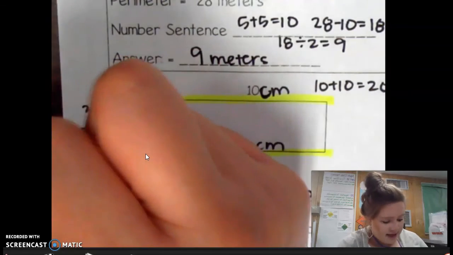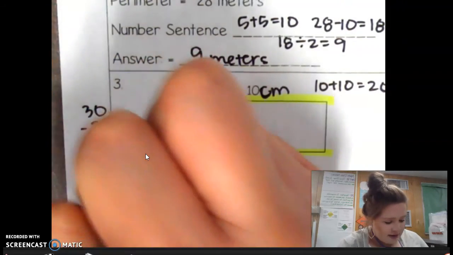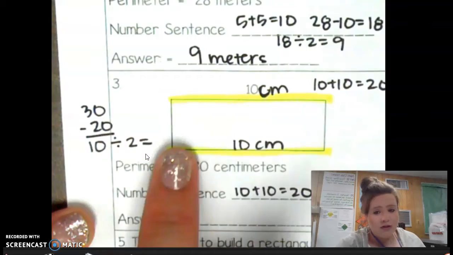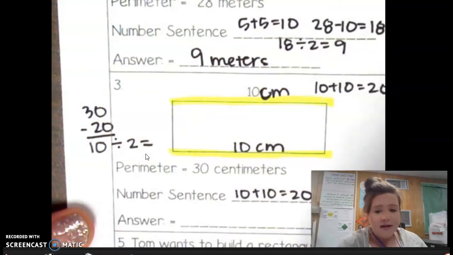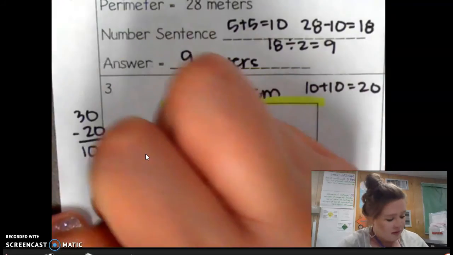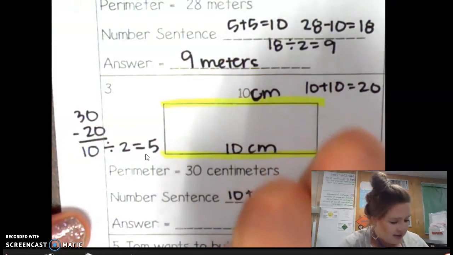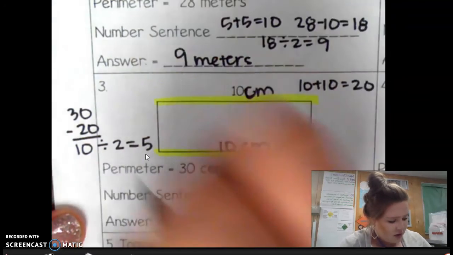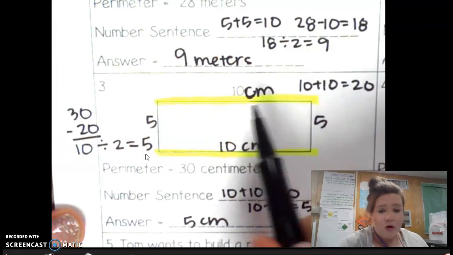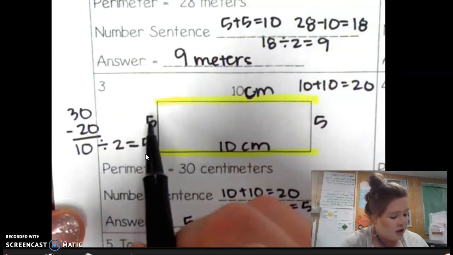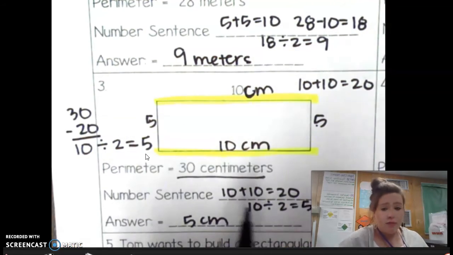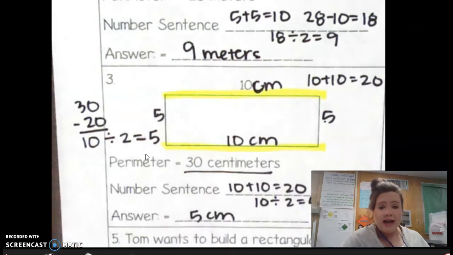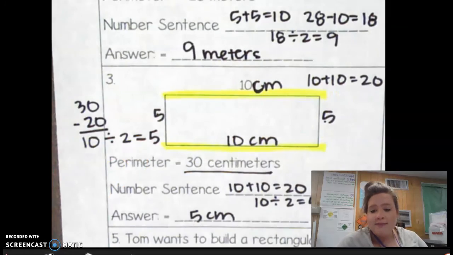Good job. So 10 divided by 2, because I need to split that total between these two sides. And 10 divided by 2 is 5. So then your next number sentence, 10 divided by 2 equals 5. Your answer is 5 centimeters. And you can check that by going 10, 20, 25, 30. If your perimeter adds up to 30 when you're done, then you have found the correct side lengths.